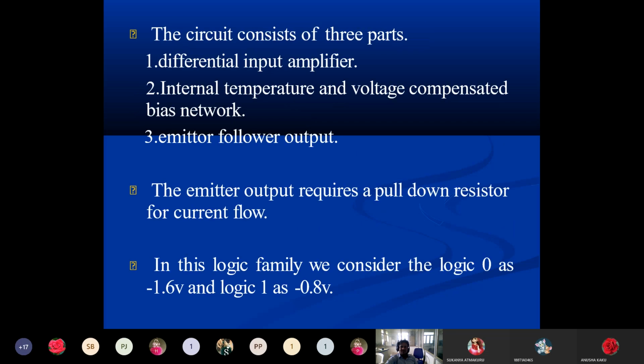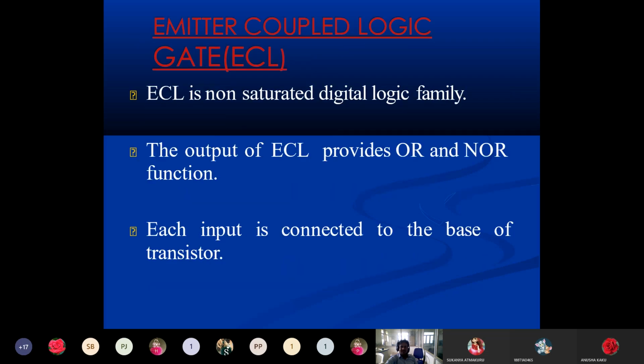So next we have the emitter coupled logic gate, ECL. ECL is a non-saturated digital logic family. The output of ECL provides OR and NOR functions. Each input is connected to the base of a transistor.